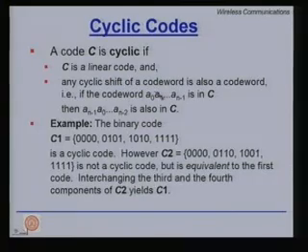So, if A0, A1 and so forth till A(N minus 1) forms the elements of a code word, then any cyclic rotation, so if you put A(N minus 1) before, and then A0, A1 up to A(N minus 2), this itself is also a valid code word if it is a cyclic code.